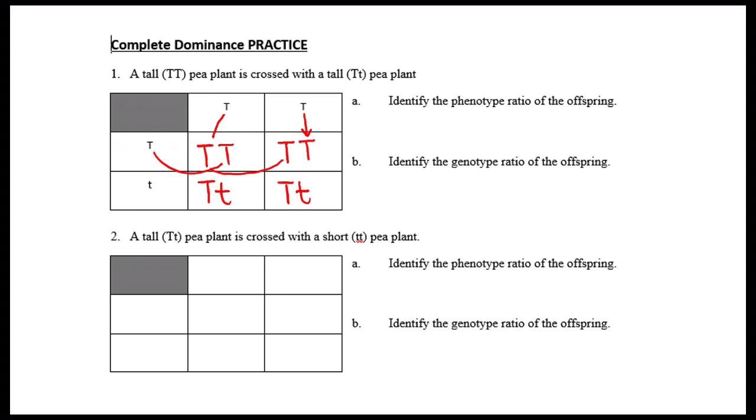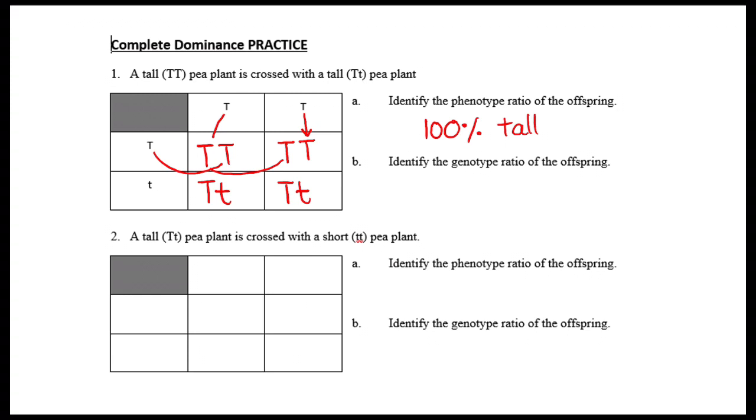So what we're seeing here is two homozygous dominant for tall and two heterozygous offspring. Now, phenotypically, this is 100% tall.